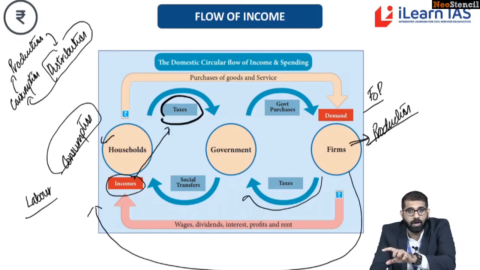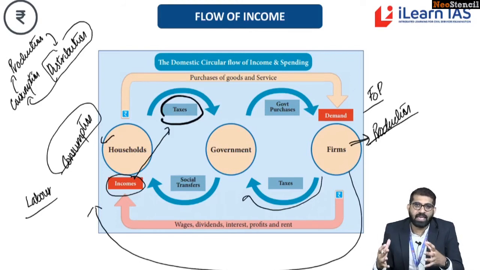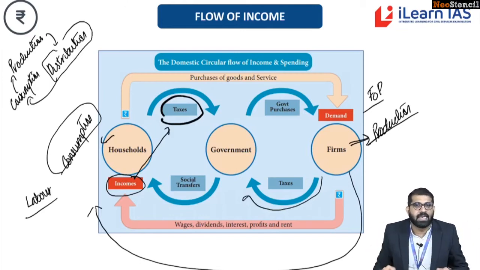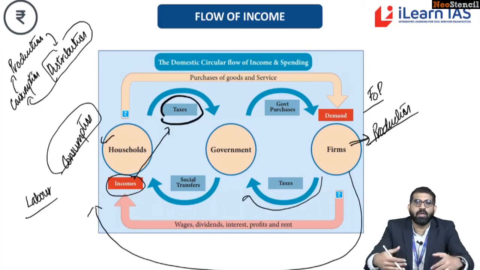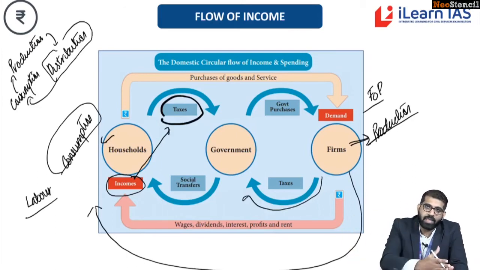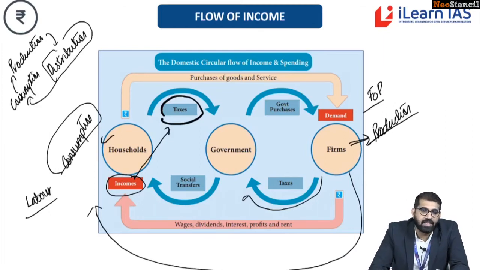What goes from the firm to the government? There is no doubt, it is again the taxes. The maximum amount that the government gets from both household as well as firm is in the form of taxes. Right? We do not give anything else to the government. We only pay taxes. Whether it is firms or the household, we give taxes to the government.